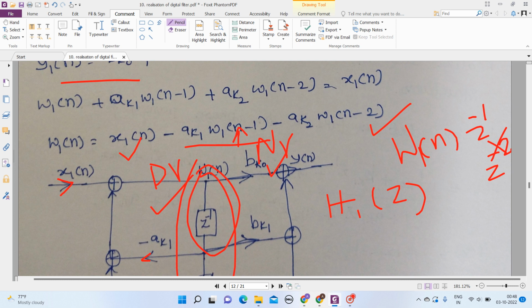I am directly multiplying bk naught with W1 of n, so this is my first term. The second term is W1 of n minus 1, and then I have to multiply it with this coefficient.